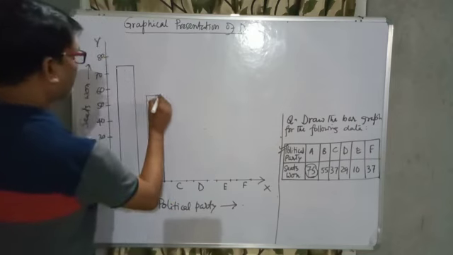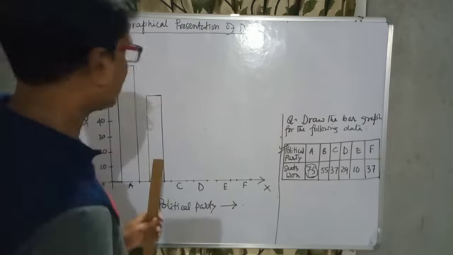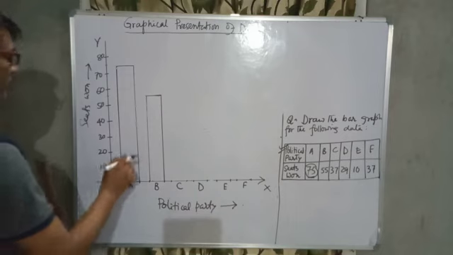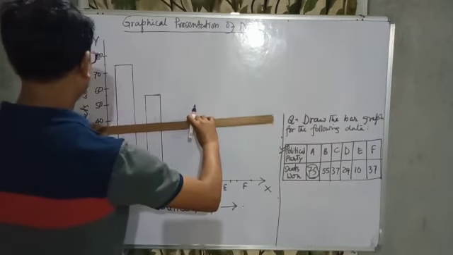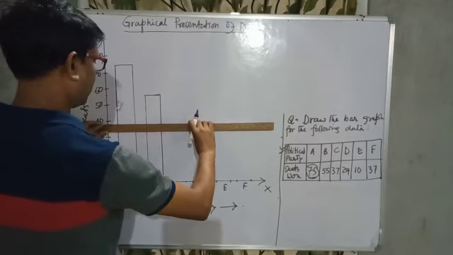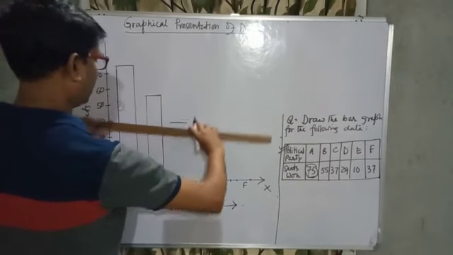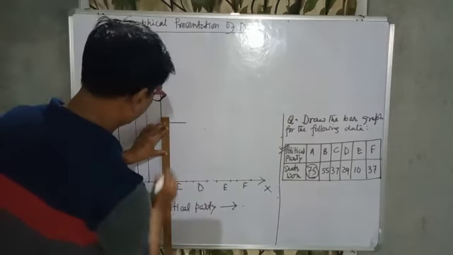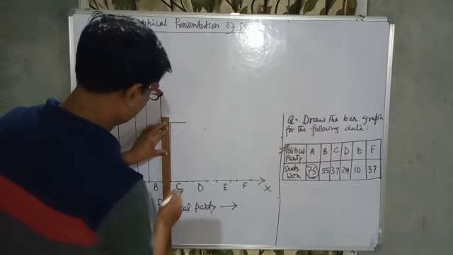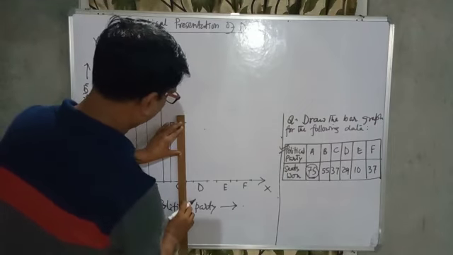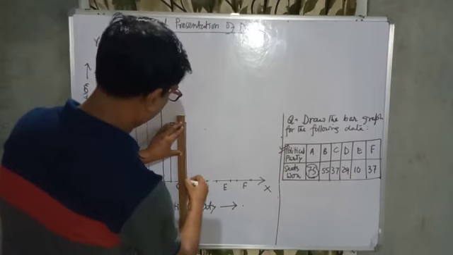Next is 37, between 30 and 40 but near 40. This is 37.